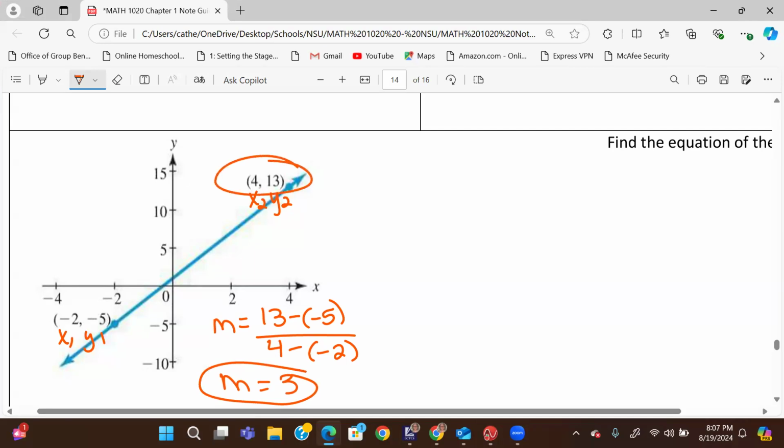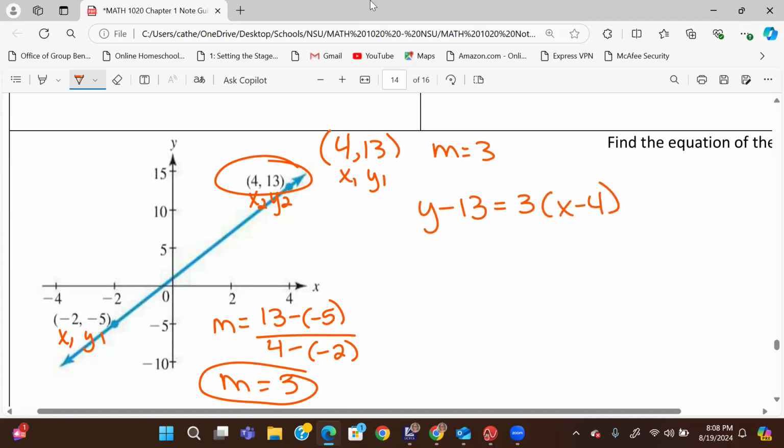Again, I want to use 4, 13 because both of those are positive. And then our slope was 3. Let's put that in point slope. So y minus 13 equals 3 times x minus 4.